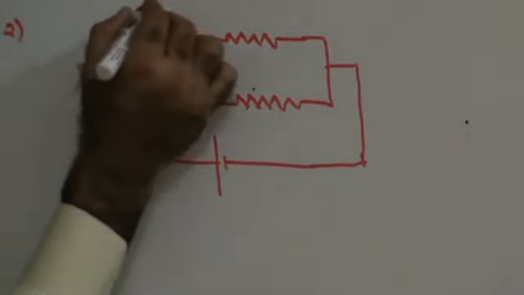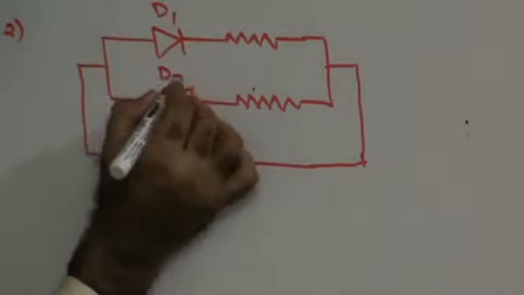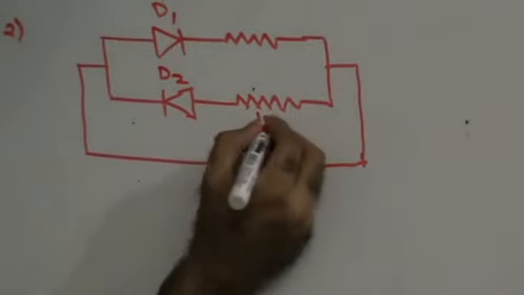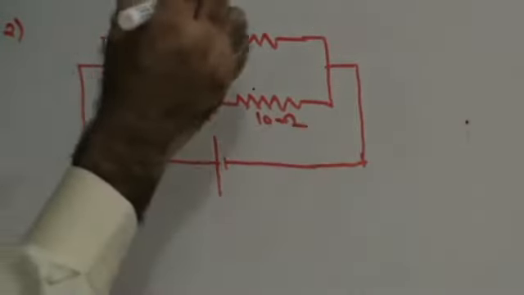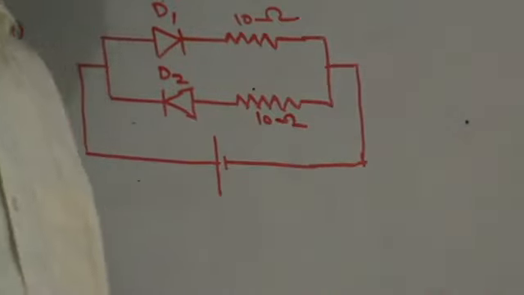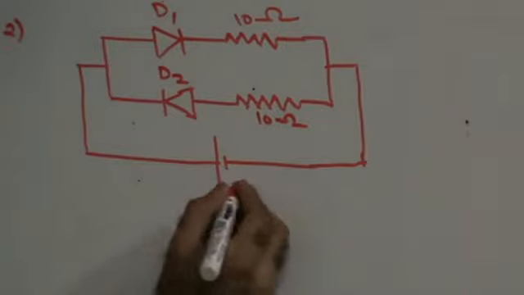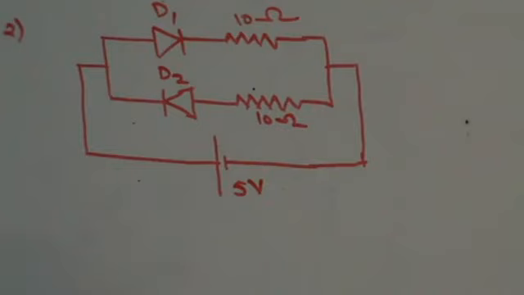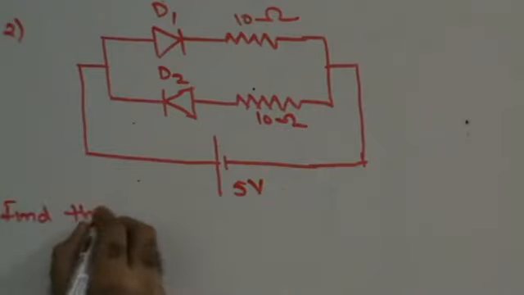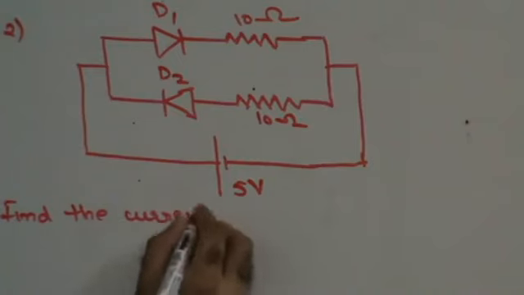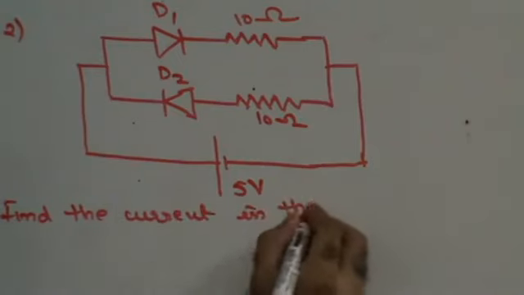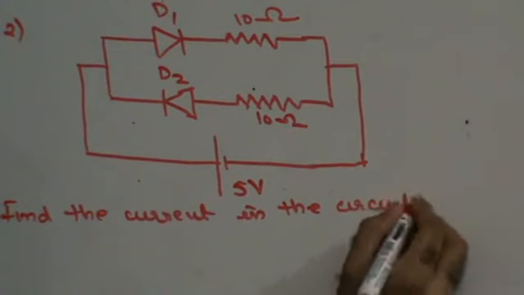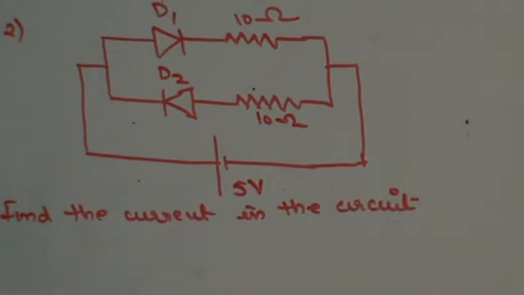This is diode D1, D2, 10 ohms. This is again 10 ohms. Right? And this is 5 volt. They've said, find the current in the circuit.